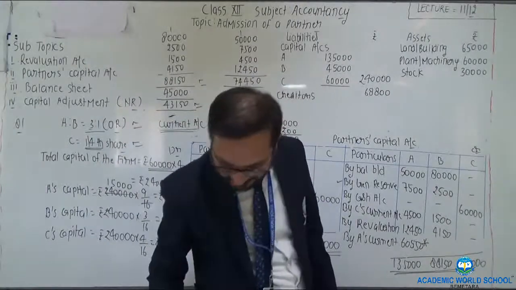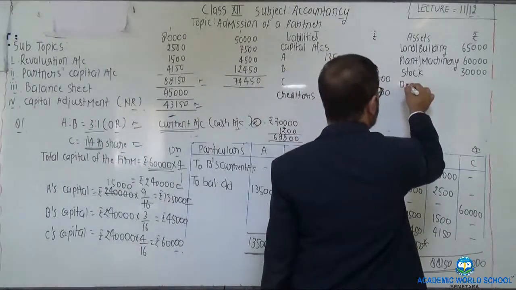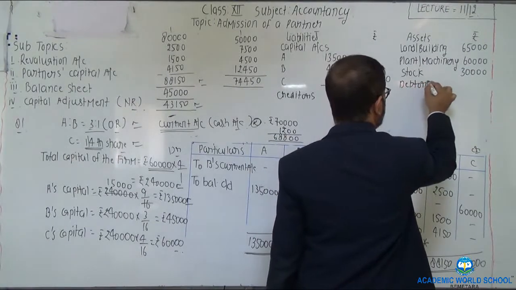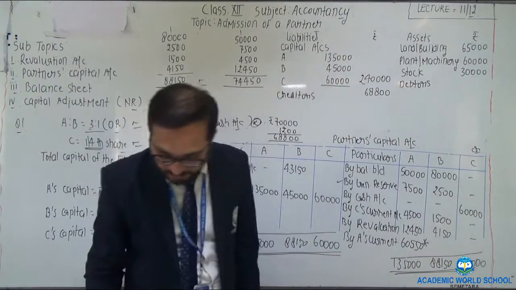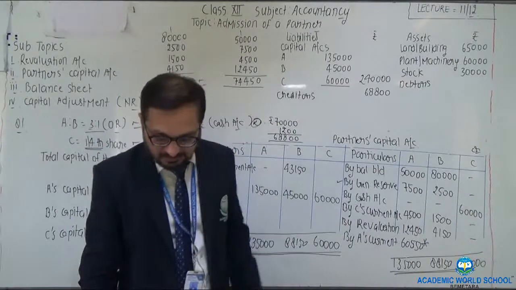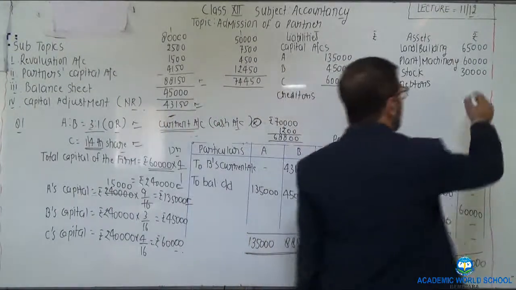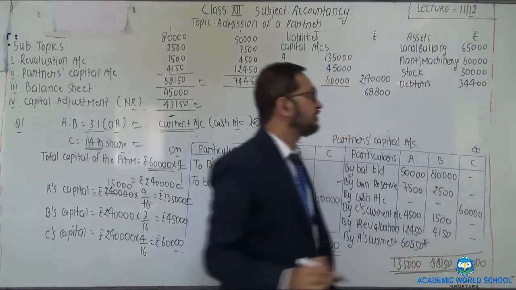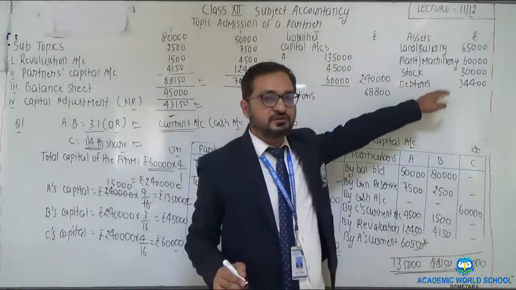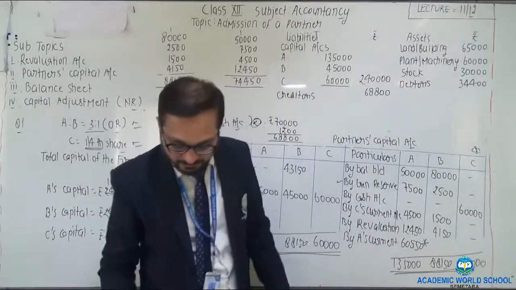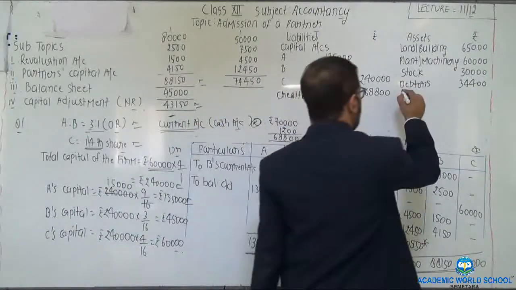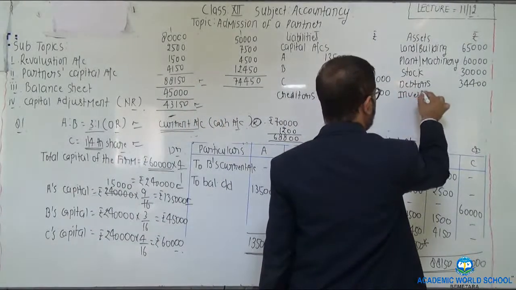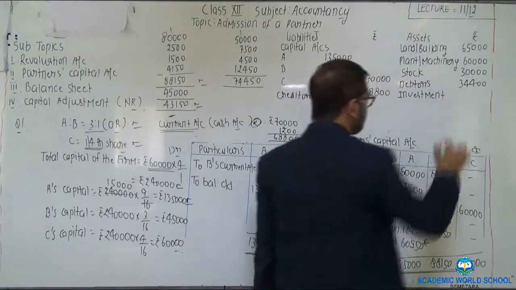After that, debtors. The amount of debtors given in the outside column is rupees 34,000 and there was a profit of 400 against the amount of debtors. So 34,400 is the actual amount of debtors to be placed. After that, one more item is there, that is investment.